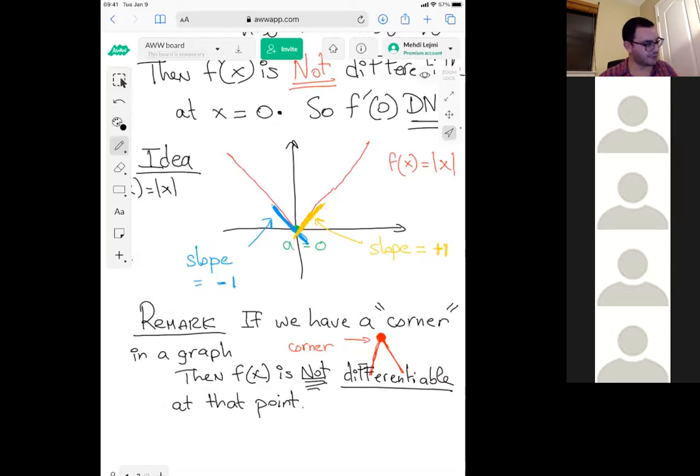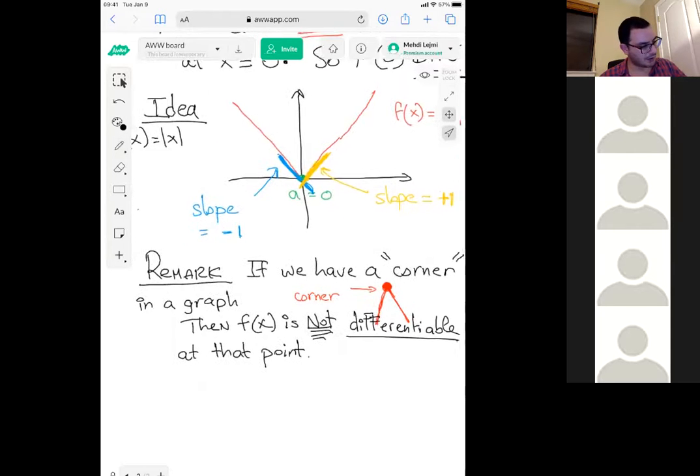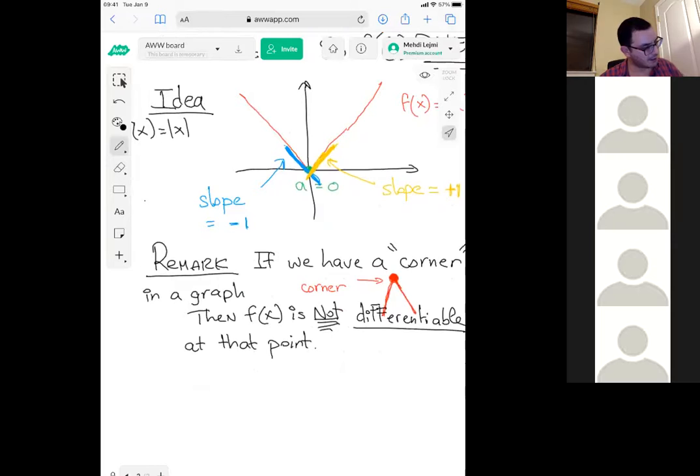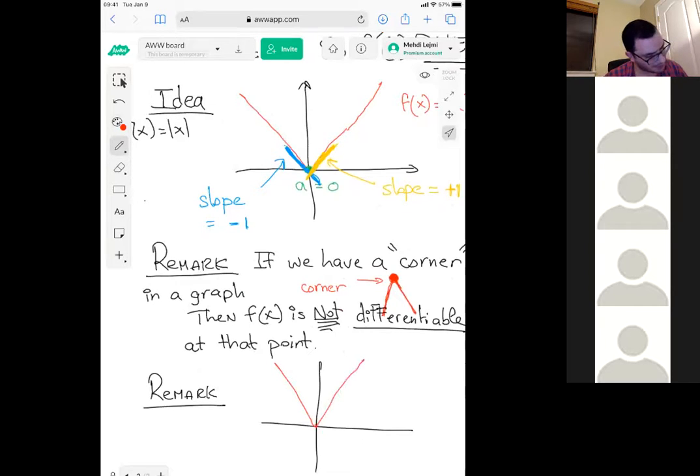Here's your graph. This is the graph of the absolute value of x, and here is 0. So my question is, is f of x continuous at 0?